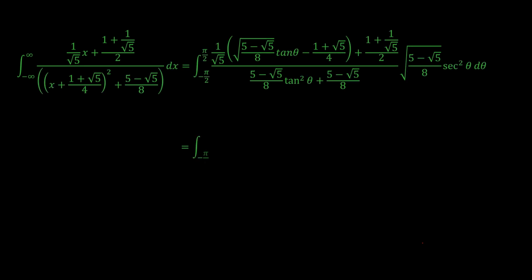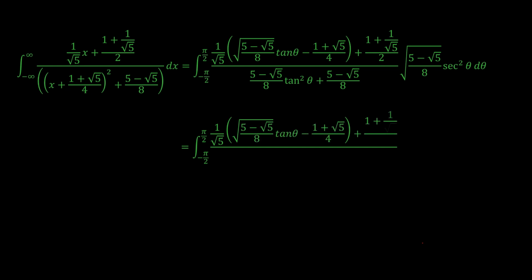So going forward, we can now transform our equation from the x domain to the theta domain in a very similar manner to what we did previously. In place of x, we have square root of 5 minus root 5 over 8 tan theta minus 1 plus root 5 over 4. And so everything takes shape here.